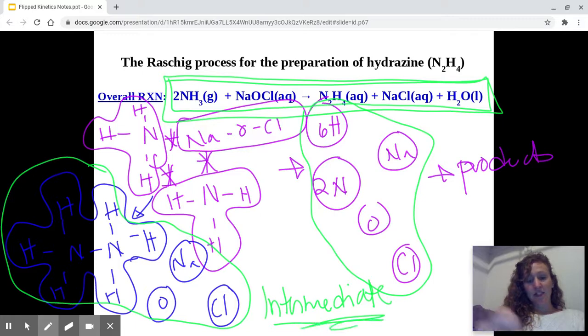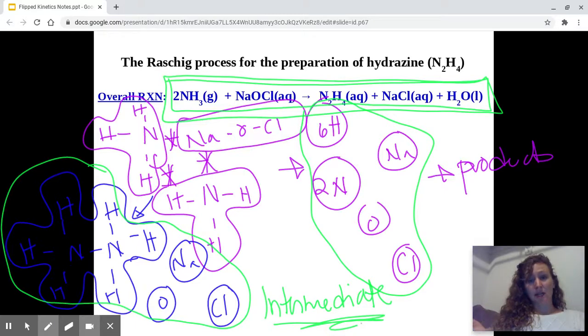Those things are called intermediates. Okay, they could be created and then used up, but they don't exist in the beginning of the reaction. They don't exist in the end of the reaction, but they have to exist so that the reaction can proceed forward, right? Those things are called intermediates. So that's one thing to be aware of.